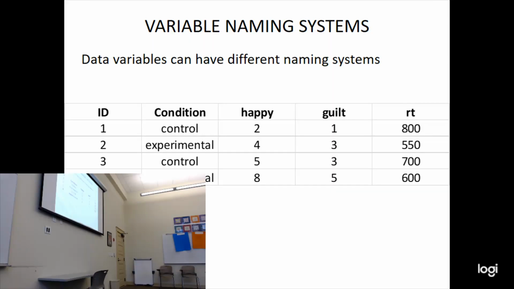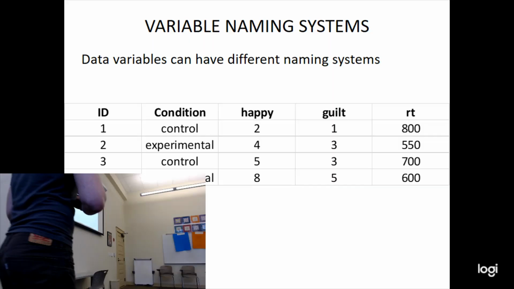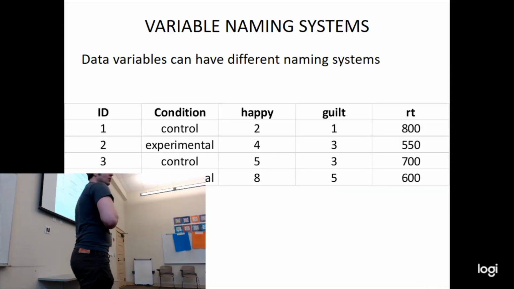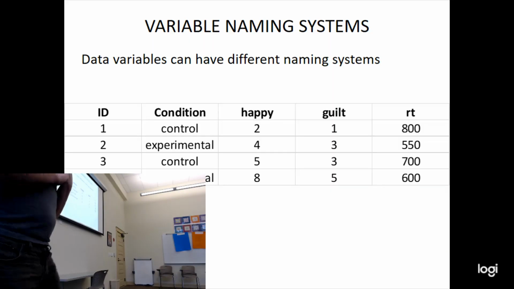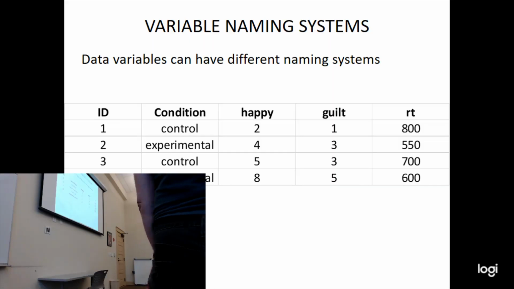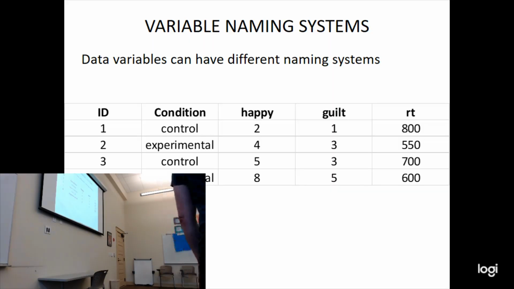Okay, so same data, but I've changed the variable names. What do you all think of these variable names? Mostly okay, except I would not want condition to be capitalized, and if RT is reaction time, none of the other ones are abbreviated, but that's just.